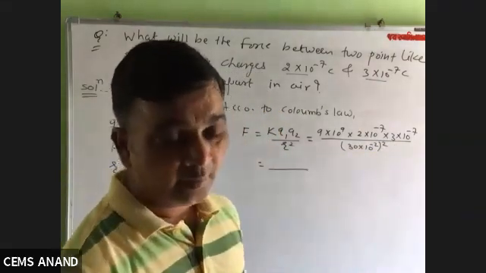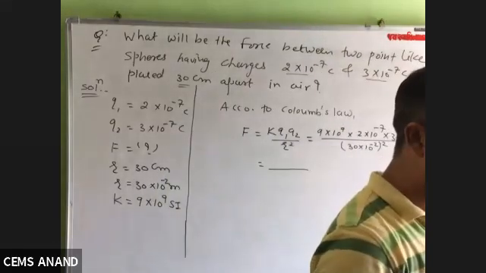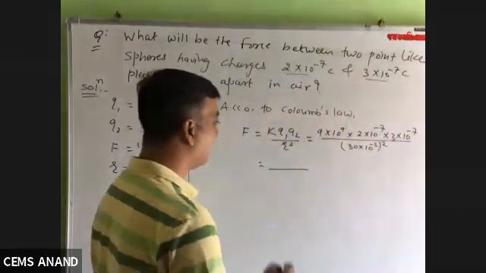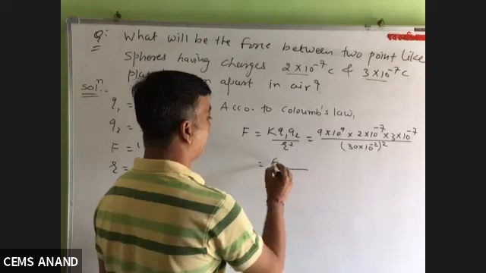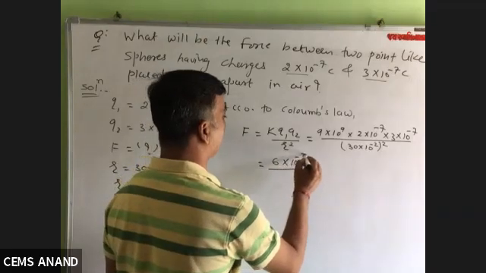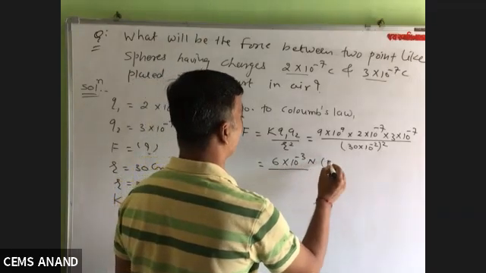Right? As both the charges are positive, the repulsive force gets generated between them, and the value obtained is 6 into 10 raised to minus 3 Newton.